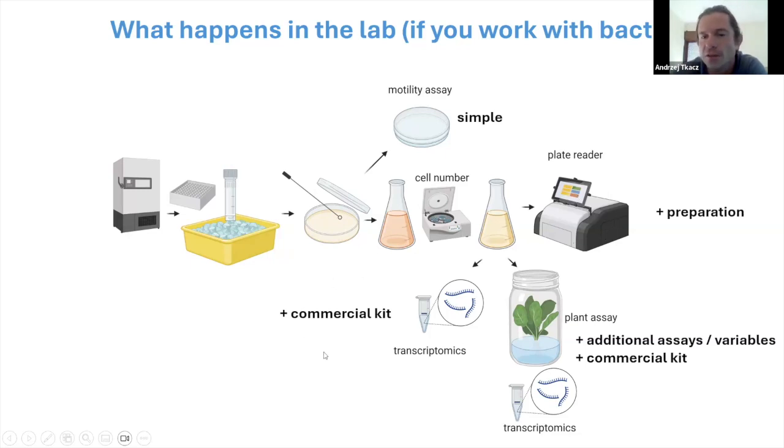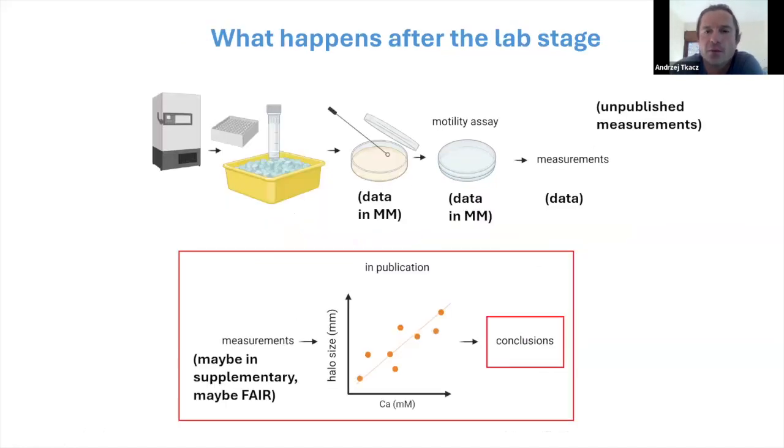We can use commercial kits to look at DNA, RNA, or we can push these experiments more, let's say, into doing some assays with a host, like I've been doing a lot, which introduce more and more variables into our experiments.